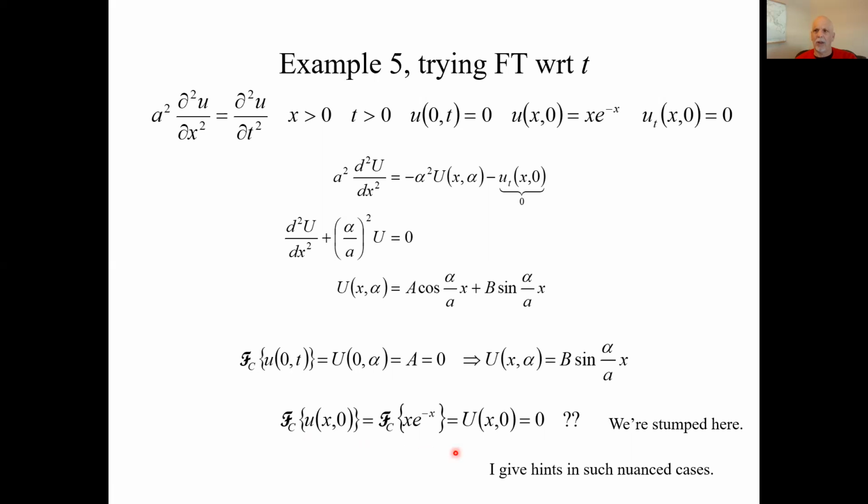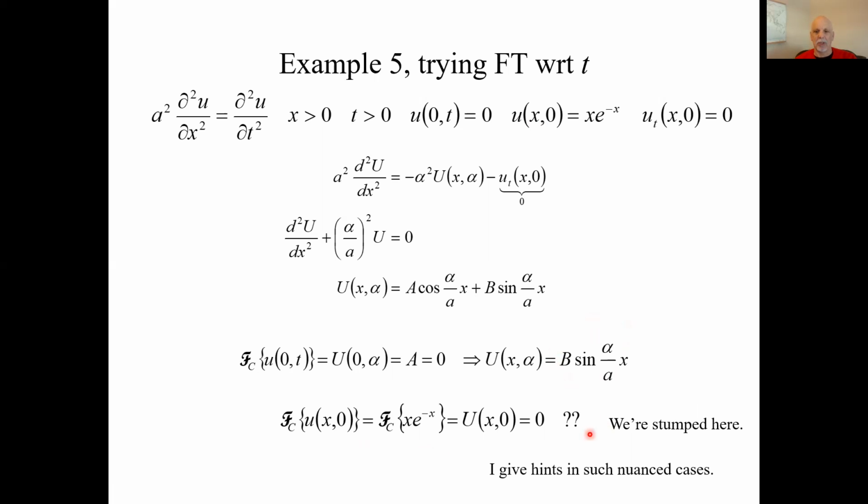Then when we try to do that, we just kind of get stumped. Cosine transform of this. We can't plug in t equals 0. There is no t in this thing.